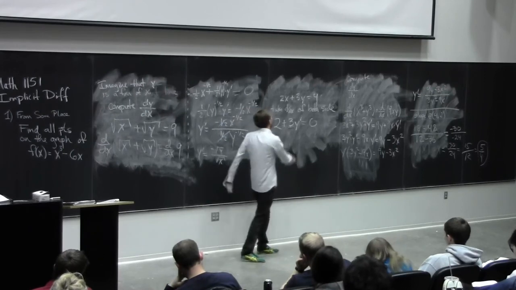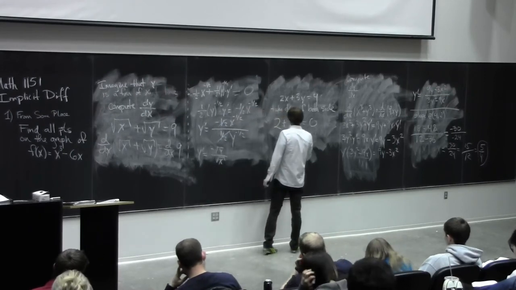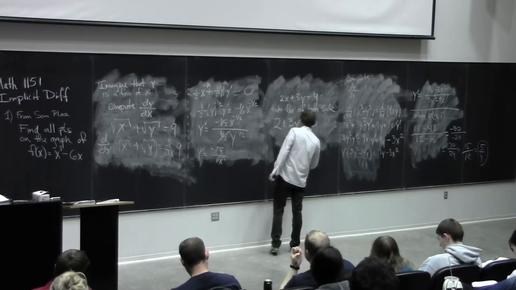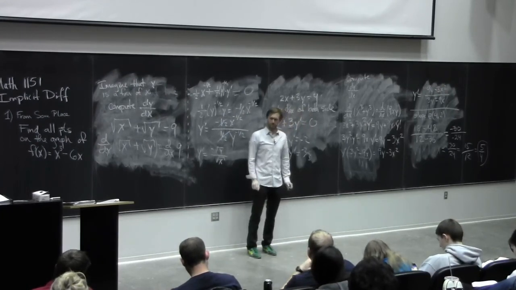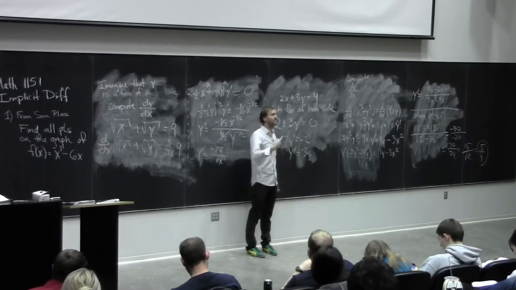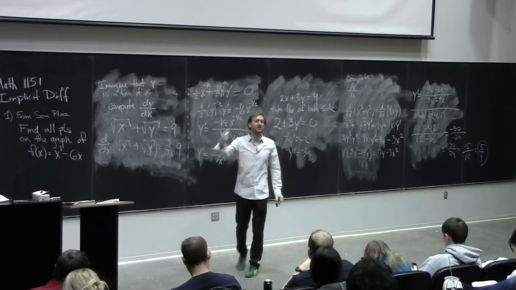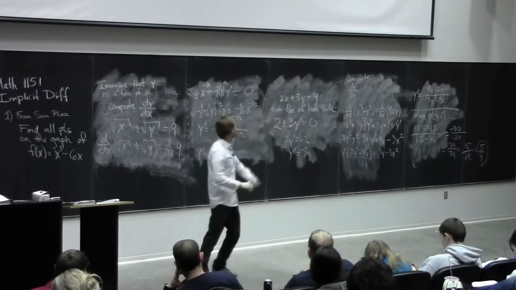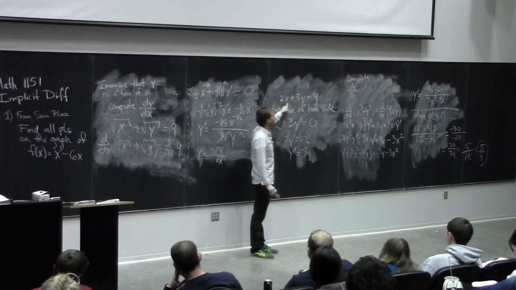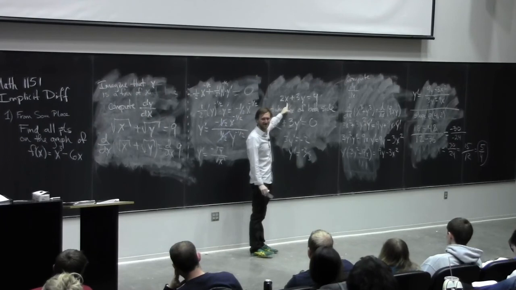So now 3y prime is equal to minus 2. y prime is equal to minus 2 over 3. This was a line, wasn't it? So the derivative computes the slope of the tangent line, right? What's the slope of this line? Negative 2 over 3, right?